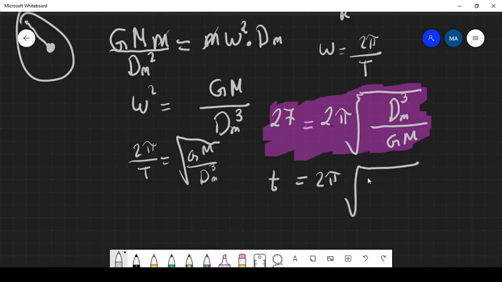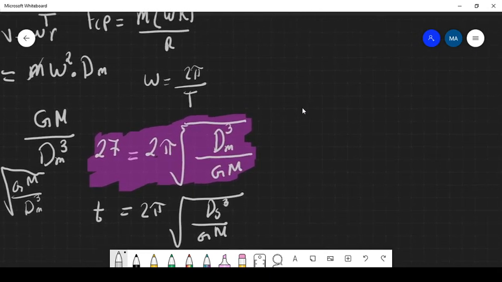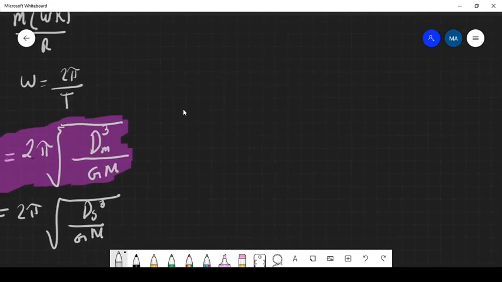I will deduce the formula again just so that we can practice, but try to do it by yourself. Notice that it doesn't depend on the mass of the satellite, neither does the one over here depend on the mass of the moon. The mass of the moon over here cuts. So let's find it for the satellite. It's the same procedure. Really try to do it by yourself, even to gain time.